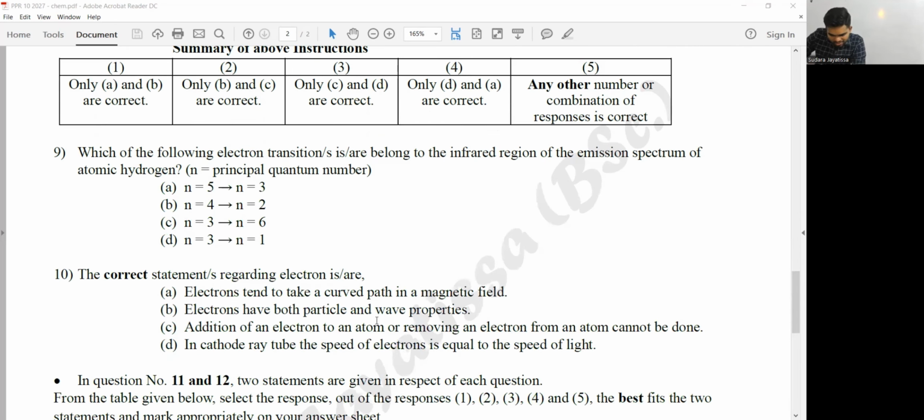It's an ABCD question. So can you all add the answer you got? It's asking which of the following transitions belong to the infrared region. Only A is correct.